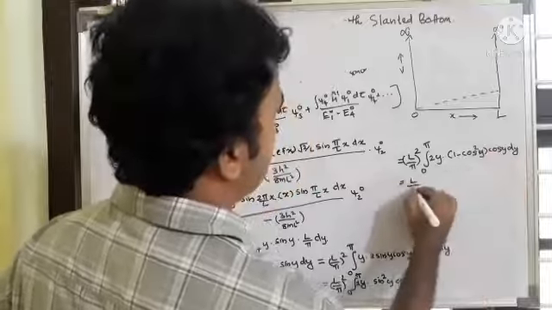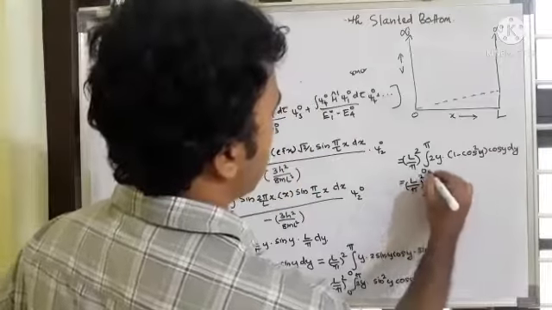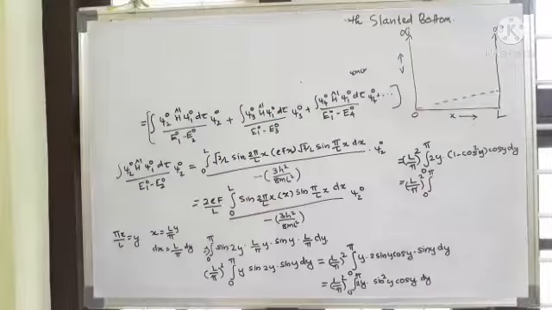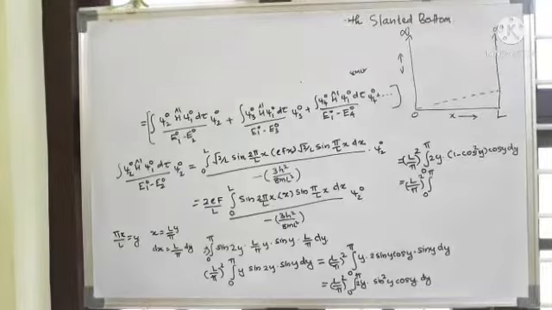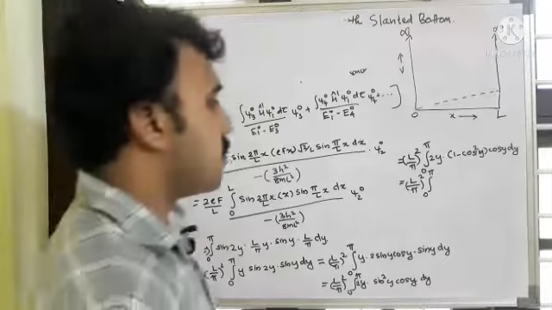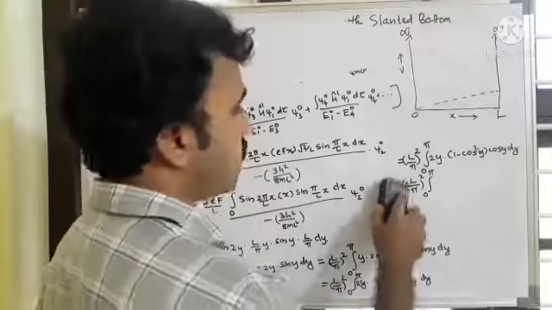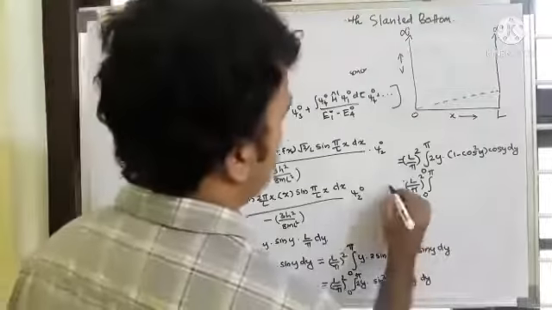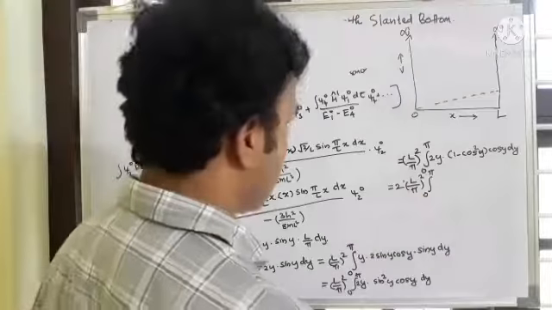Then expand that function. Here 2 is a constant, so that can be taken outside the integration sign. So we get 2 into L by pi whole square, integral 0 to pi.